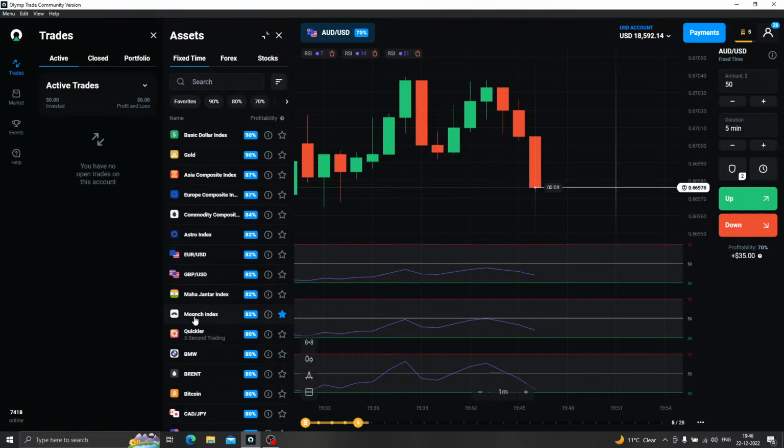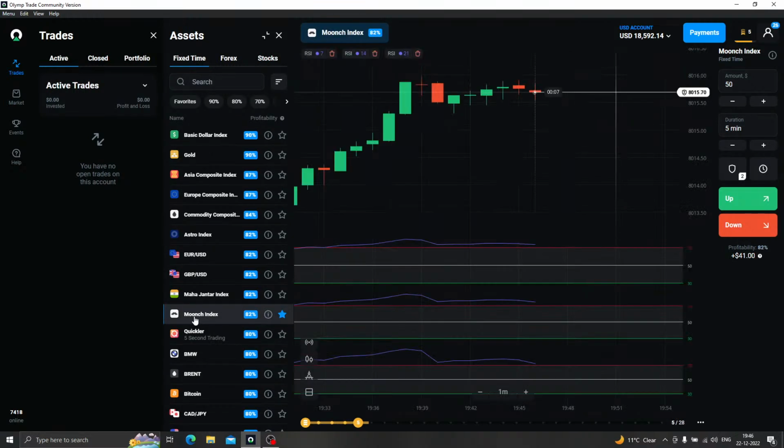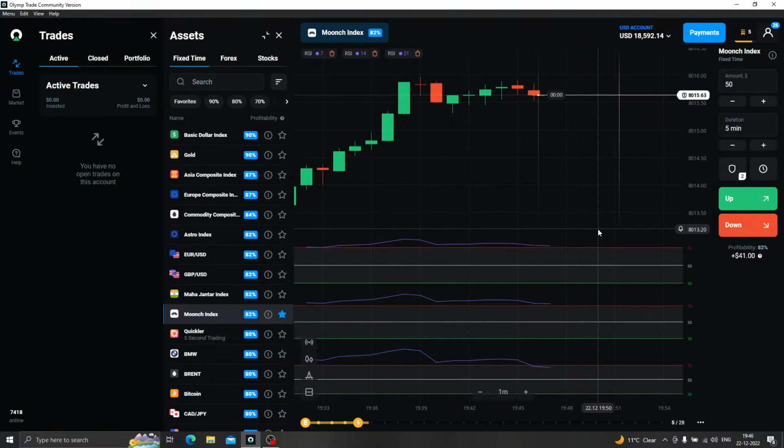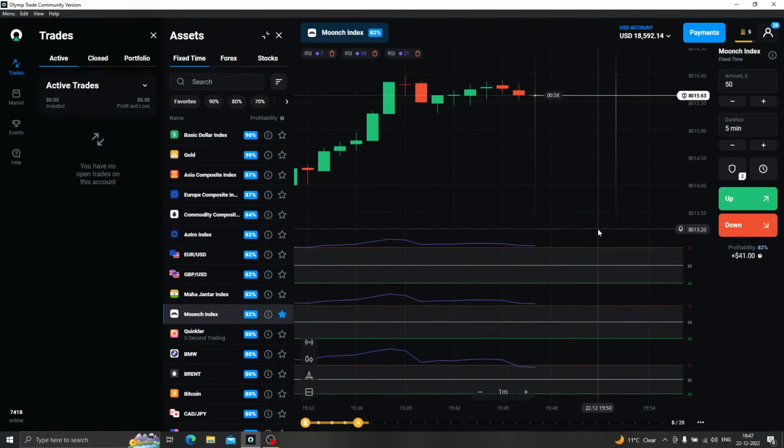Okay, so now let us see the Mooch Index. Still, the RSI is yet to come back into the channel. So if it comes back into the channel and a couple of red candles appear on the chart, only then we will make the trade.